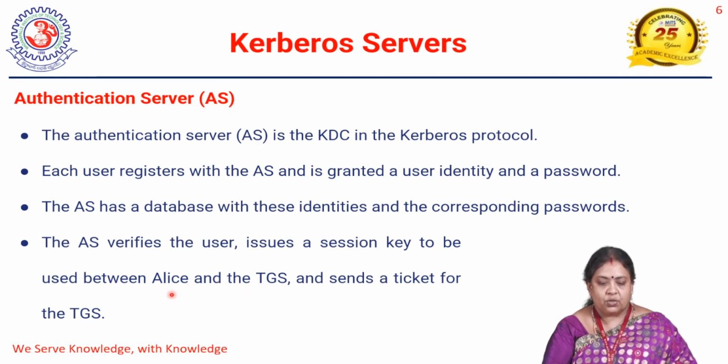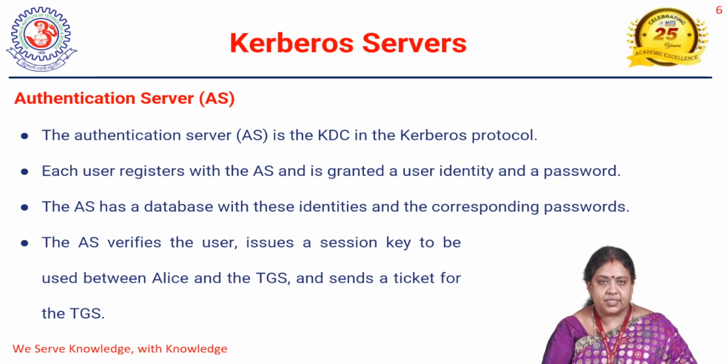Alice is the user who wants to access the services, and this authentication server is going to issue a session key that can be used for the ticket granting server. The ticket granting server will issue the ticket to the server, so it gives permission to access the server by verifying the identity of the user.